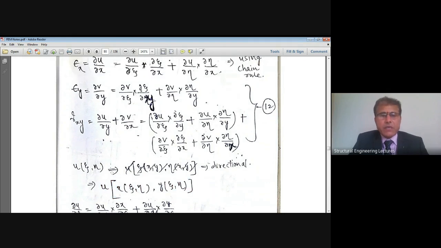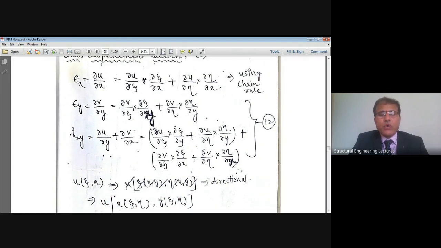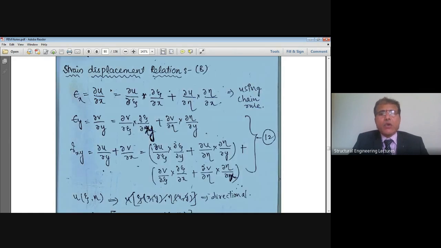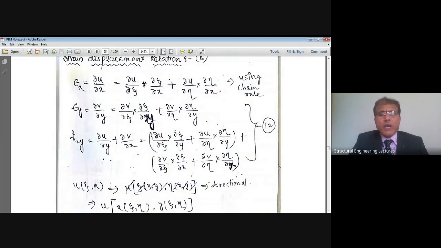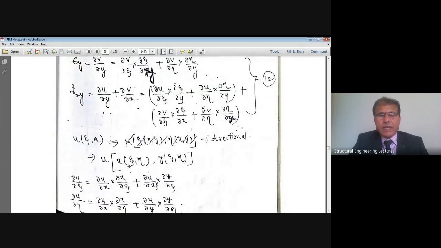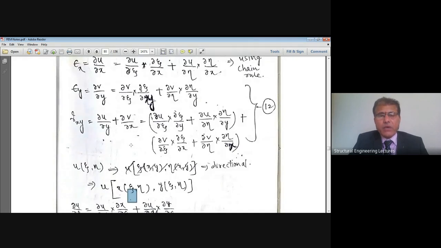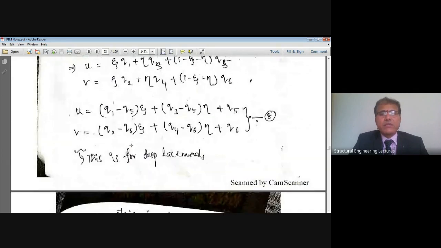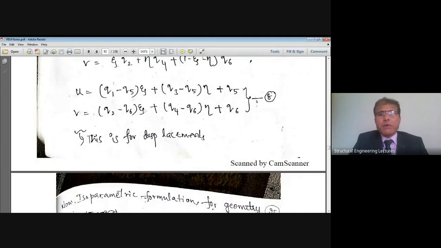Because of this, we can say that dou u by dou x cannot be directly obtained. I must use the chain rule of differentiation. We have already seen in the previous equation that u was given by u is equal to (q1 minus q5) multiplied by xi, right?